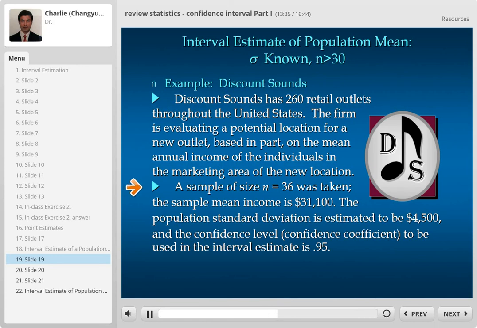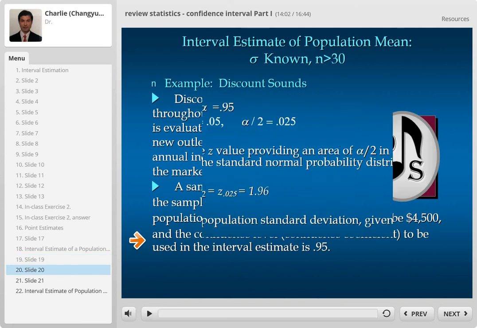A sample size of n equals 36 was taken. The sample mean income is $31,100. The population standard deviation is estimated to be $4,500, and the confidence level to be used in this interval estimate is 0.95.